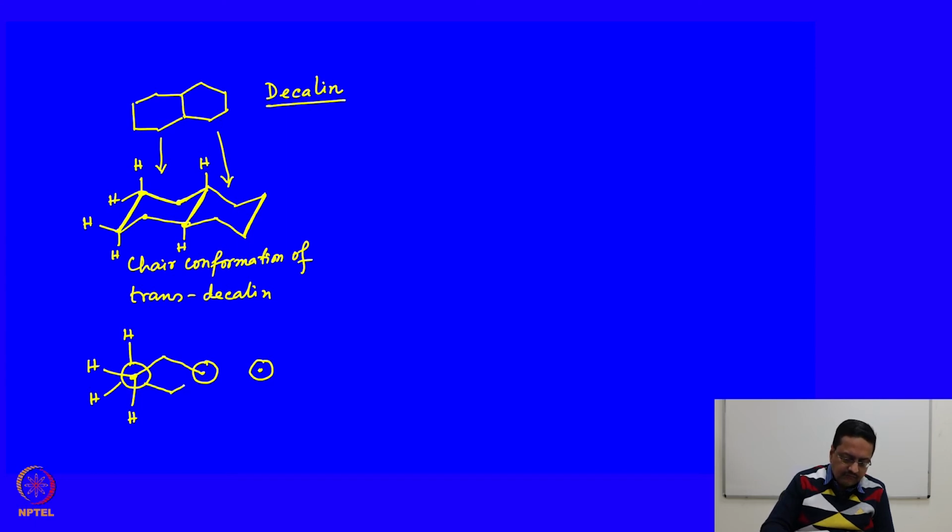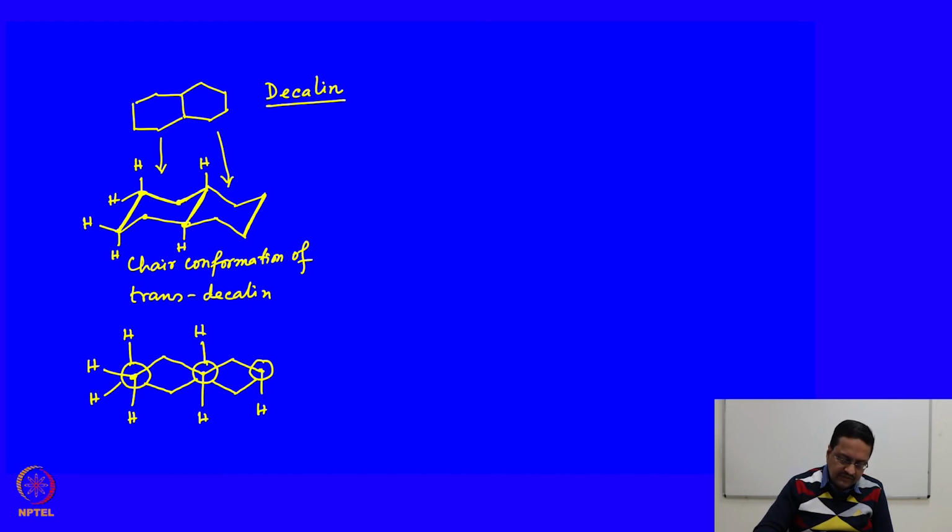So, we draw these, and then this third carbon we have one hydrogen down and is connected to the other carbon like this. Similarly, the back carbon has one hydrogen up and connected to the other carbon like this.